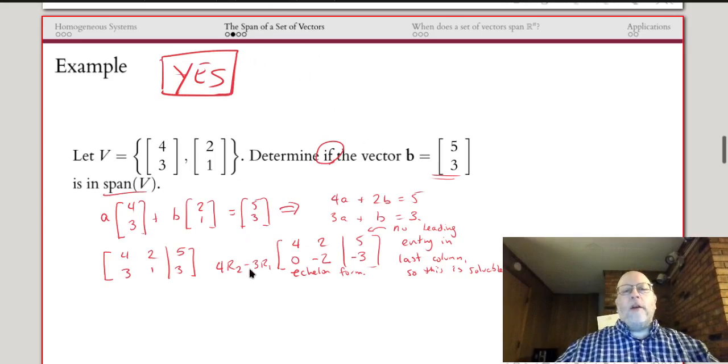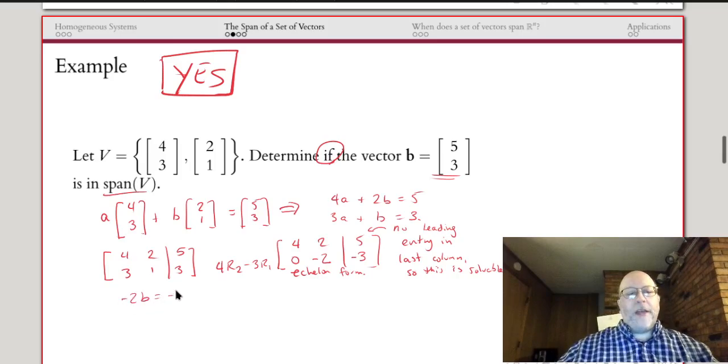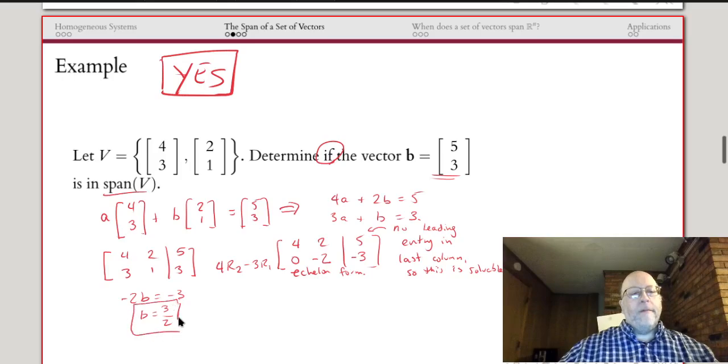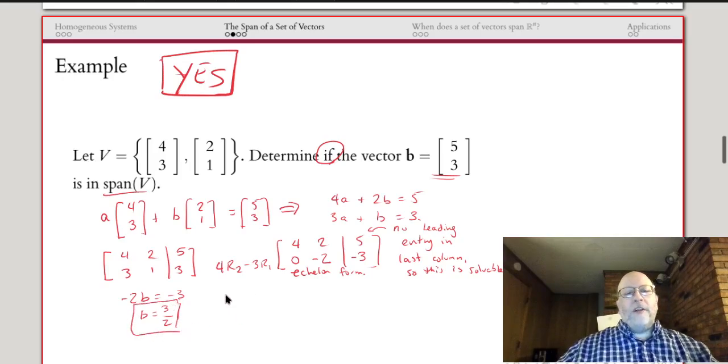But we could go on a little bit further and actually find A and B. So the second equation says that negative 2b is equal to negative 3. And that tells me that b is equal to 3 halves. And then the first equation is going to say that 4a plus 2 times 3 halves is equal to 5.